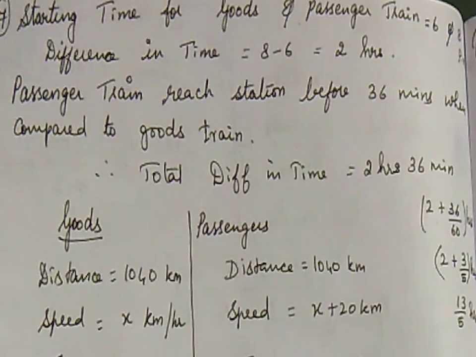And then this passenger train reached the place before the goods train. How much before? 36 minutes. So before 2 hours and now 36 minutes. So the total difference between the goods and the passenger train is 2 hours 36 minutes.